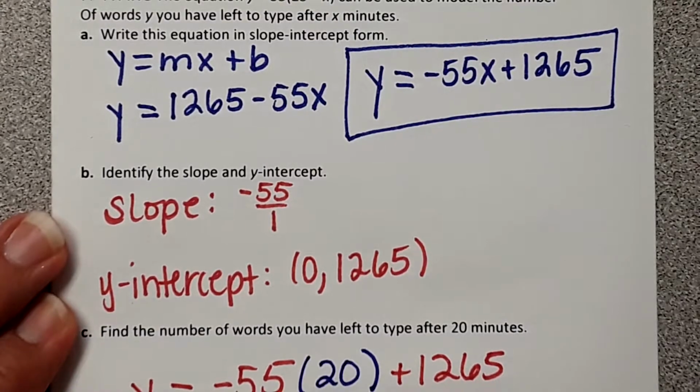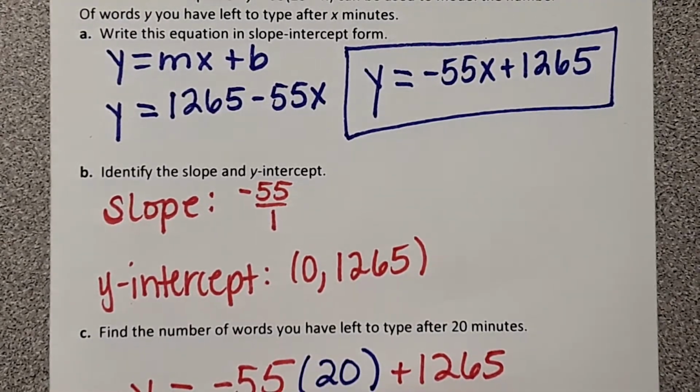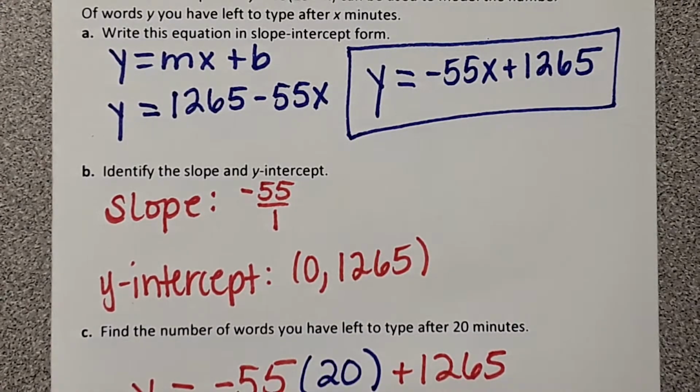It should be negative 1,100 plus 1,265. When you add those, what do you get? So we have 165 words left to type.